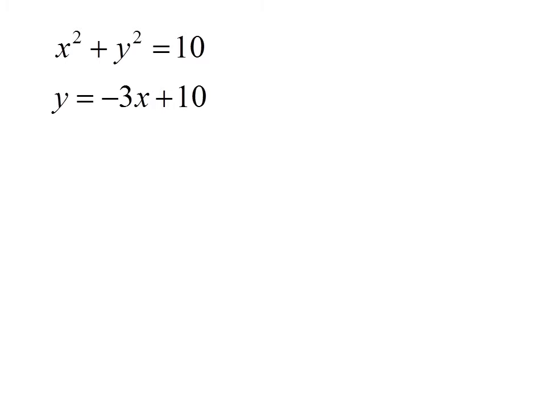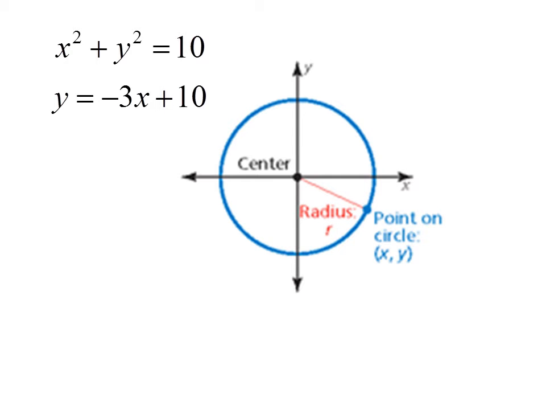Now, some of you might not be familiar with the equation of a circle, but the equation of a circle is x squared plus y squared equals the radius squared. So x and y would be any point on the circle, and then r would be your radius. So the general format of the equation of a circle is x squared plus y squared equals r squared.